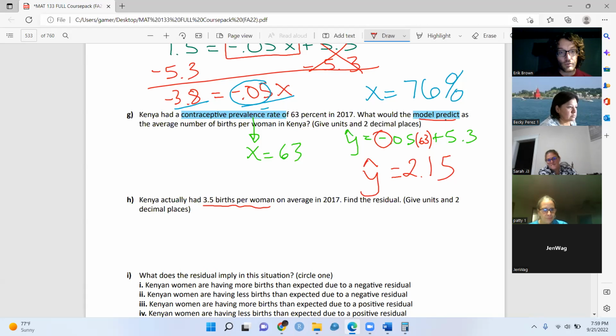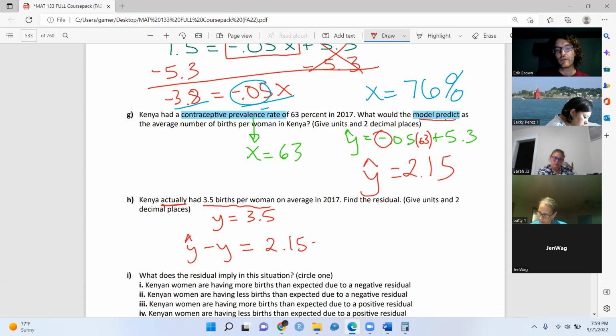So Kenya here, we're told it's actually 3.5. We're calling this Y as in it's an actual data value. And then when you talk about this, you'll learn that it's Y hat minus Y, the predicted value or the estimated value minus the actual value. And that's the residual.